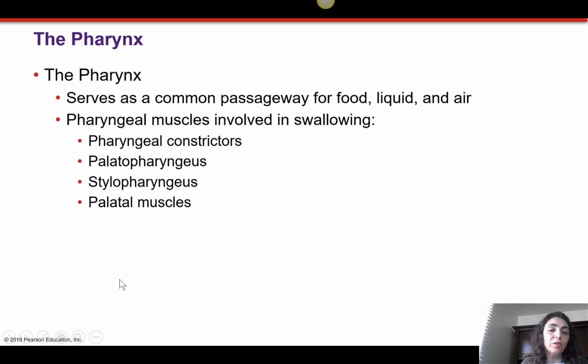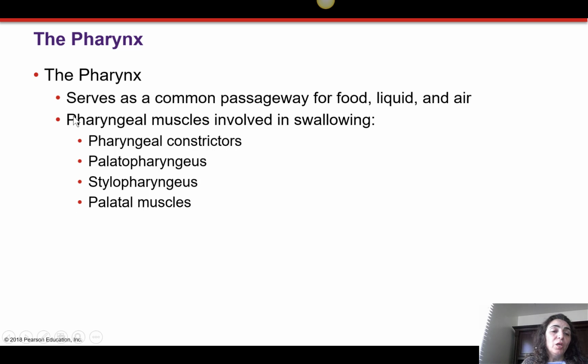Regarding the pharynx, as we discussed some parts of the pharynx when we talked about the respiratory system, we said that the pharynx includes the nasopharynx, that is behind the nasal cavity, the oropharynx, that is behind the oral cavity, and the laryngopharynx, that is behind the larynx, right?